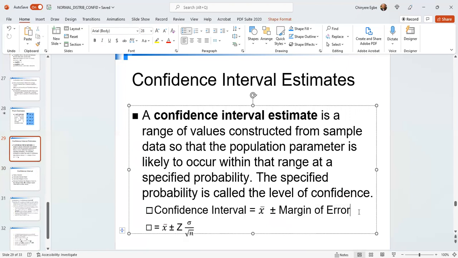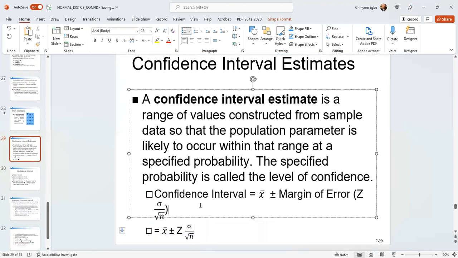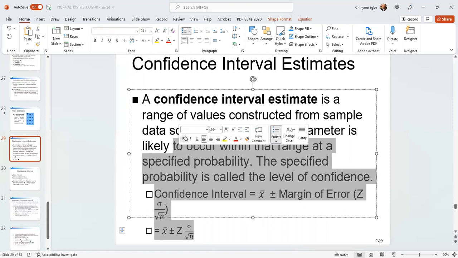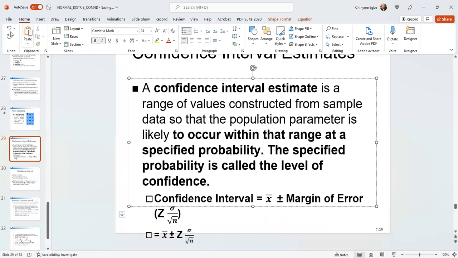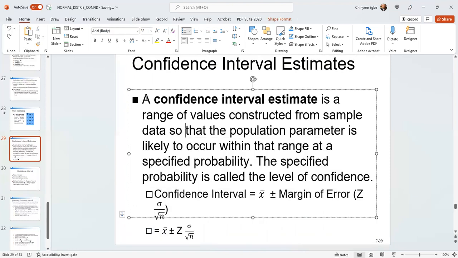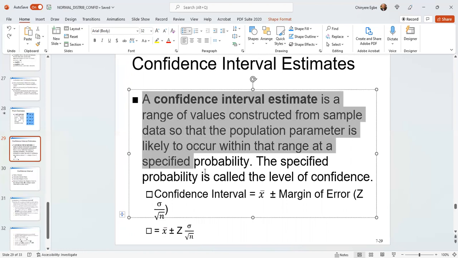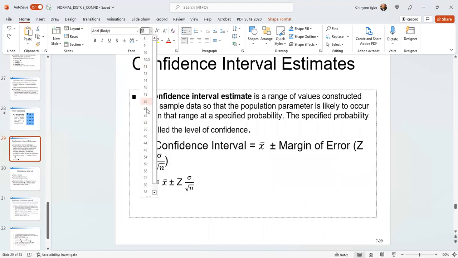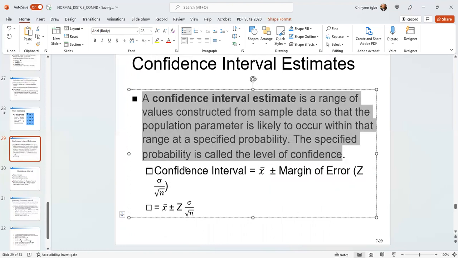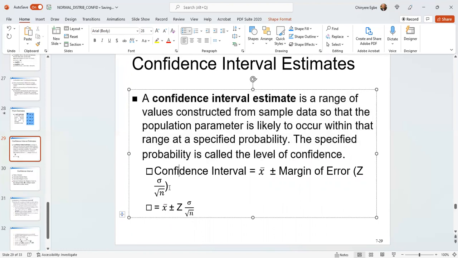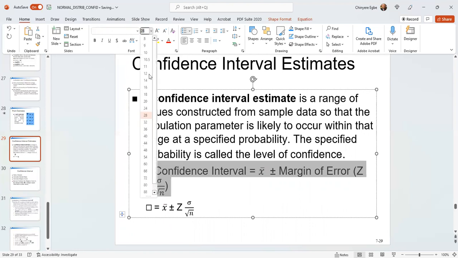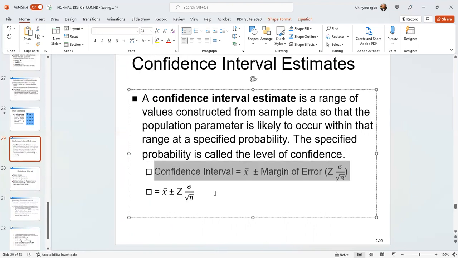The margin of error is Z times sigma over root n.